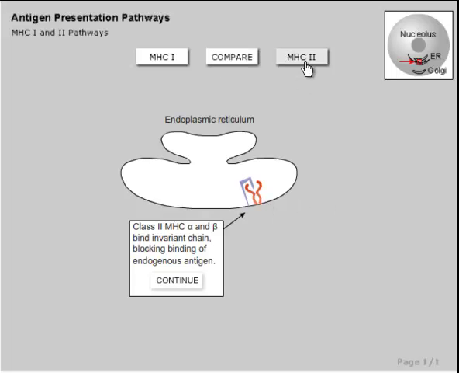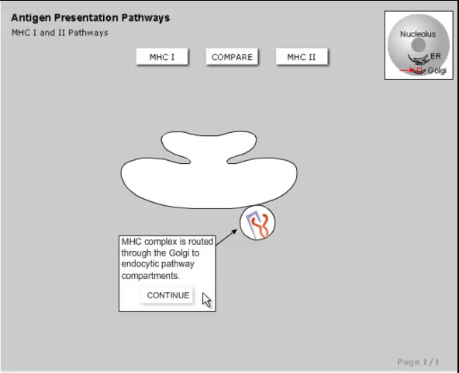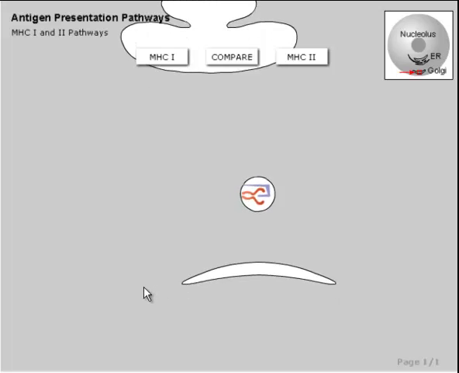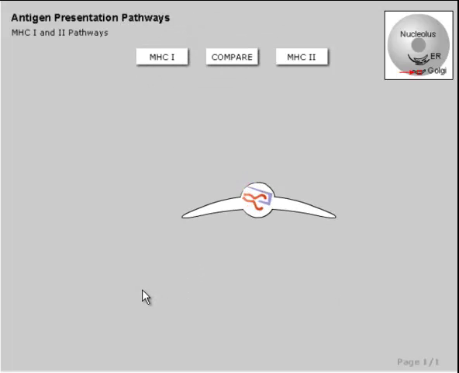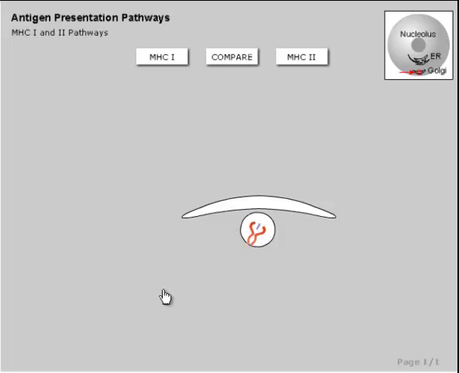And so if we follow the processing of 2, it will come out and form a secretory vesicle, and it's going to get routed through the Golgi apparatus just like our other major histocompatibility complex did, and it's going to get clipped at this point, and this leaves a little tiny clip fragment in the binding site where the antigen will need to bind.